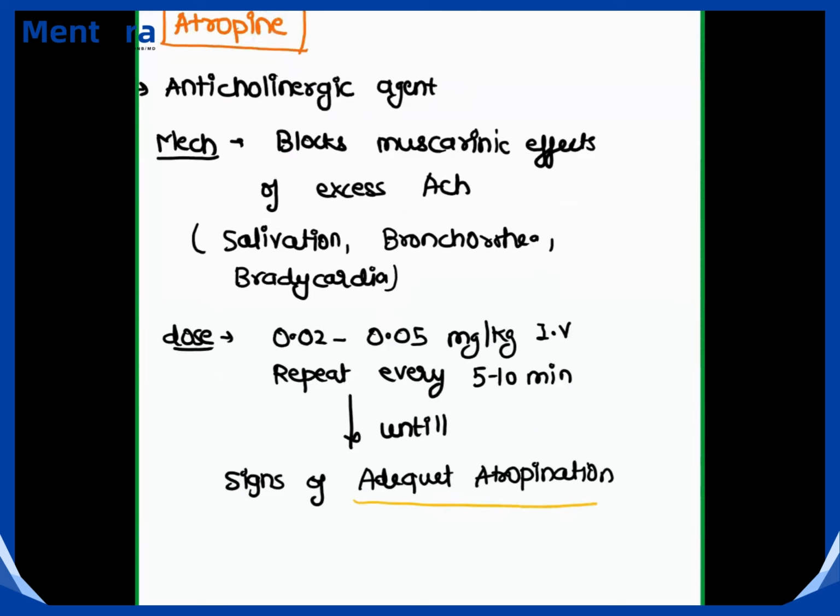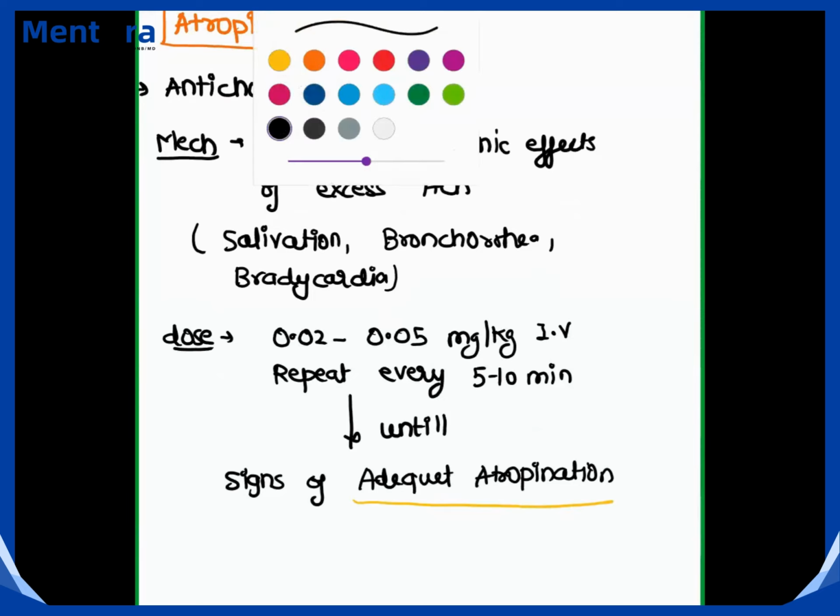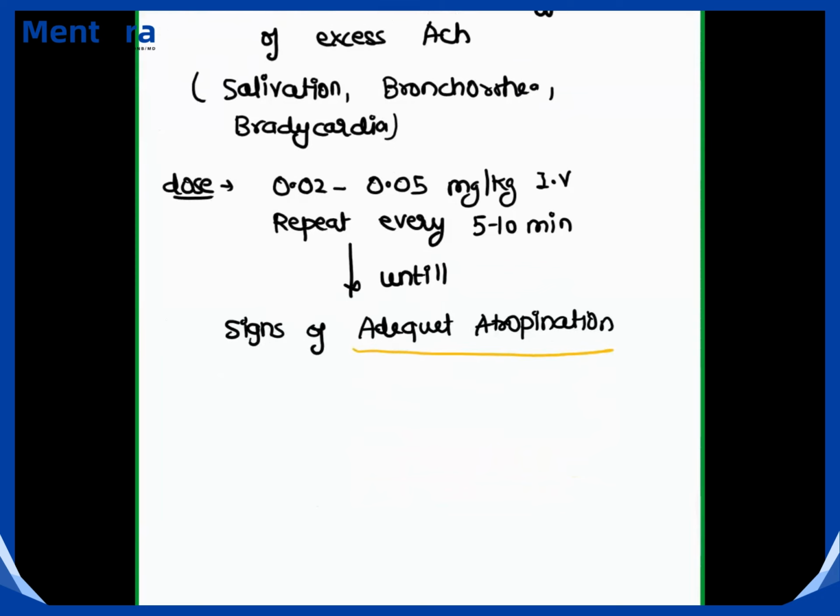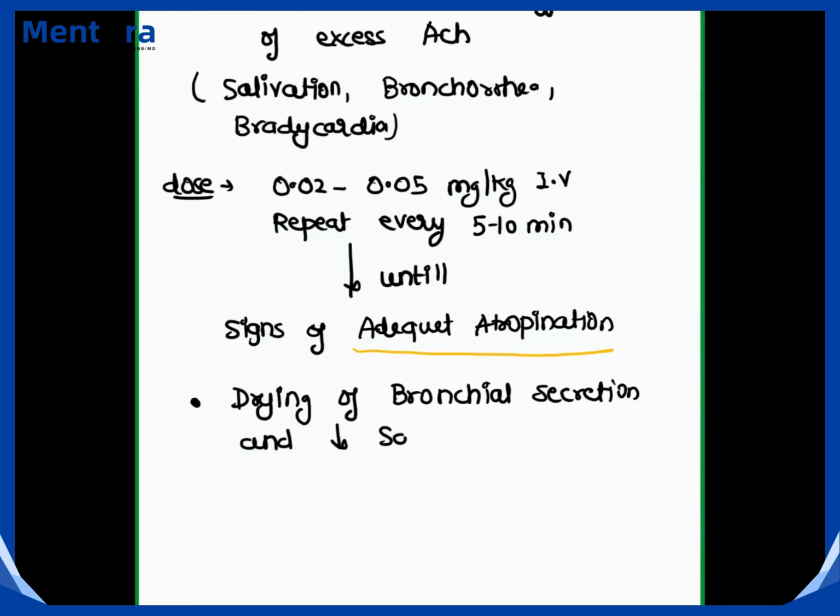What are the signs of adequate atropinization? So there is drying of bronchial secretion, and decreased salivation.